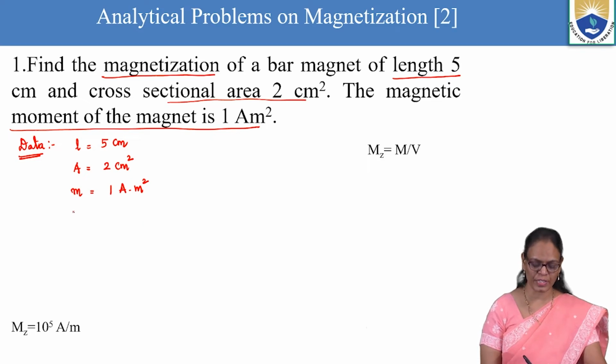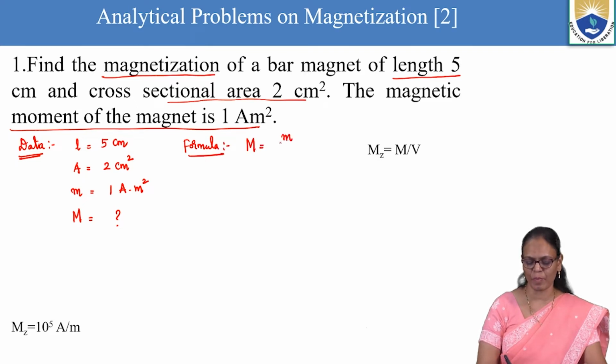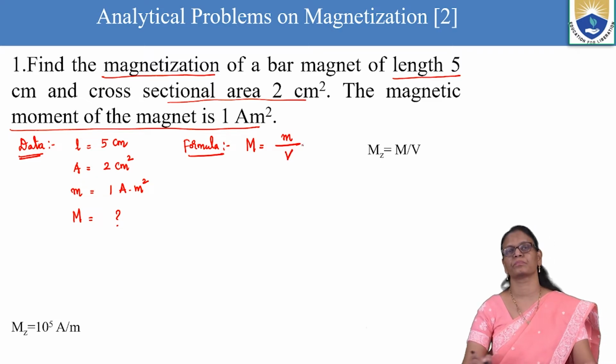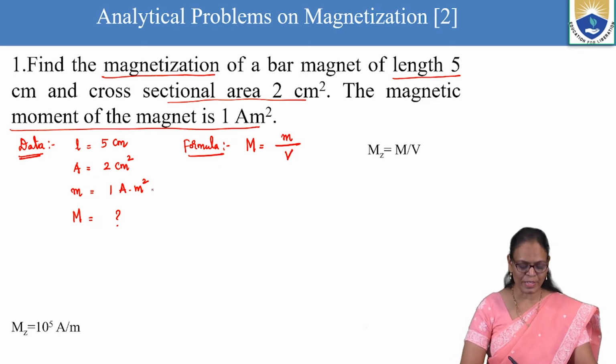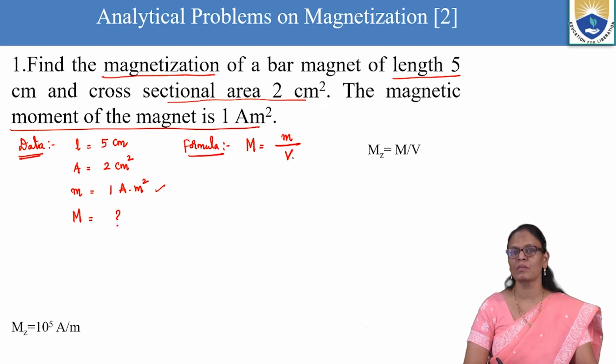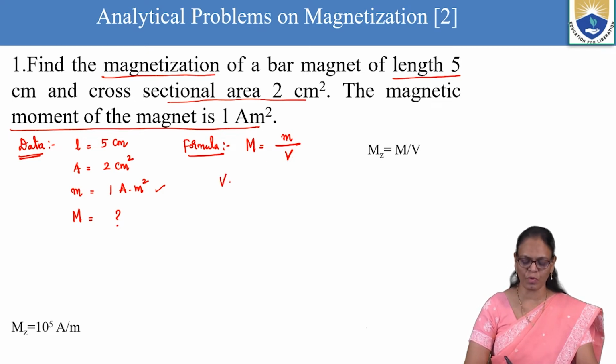What we have to find is capital M, the magnetization. The formula we use is capital M is equal to small m upon V. Small m is given, but V is not given. Area into length gives us the volume.